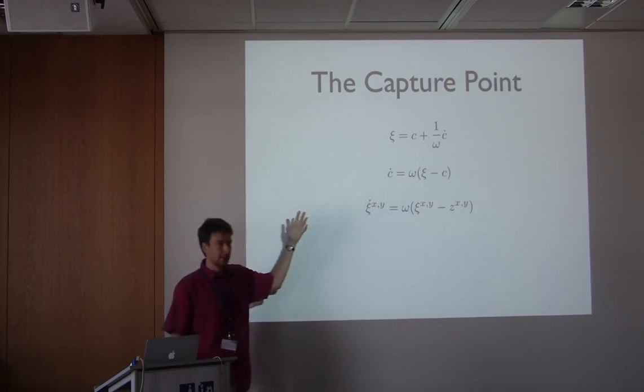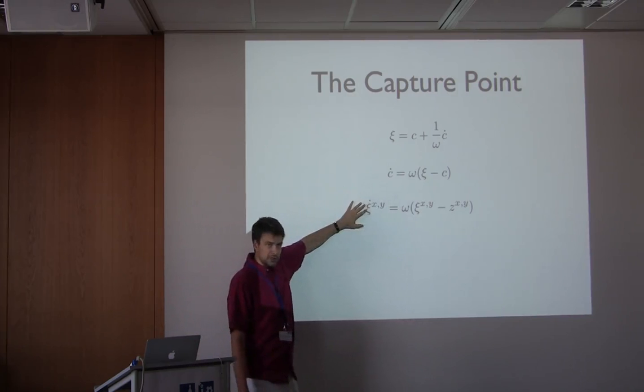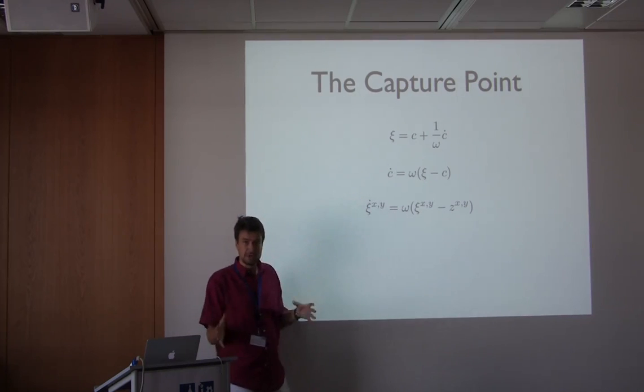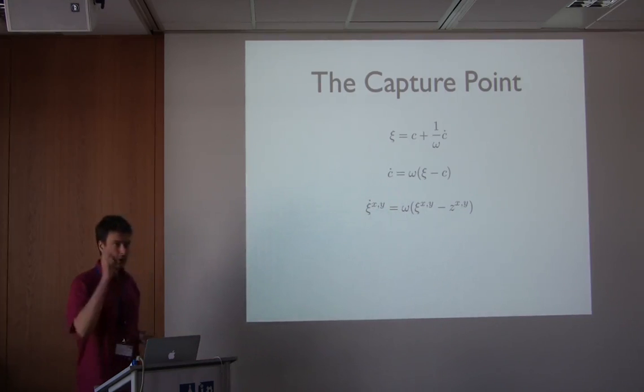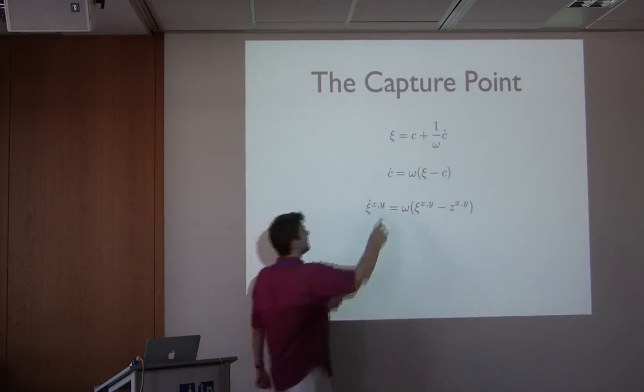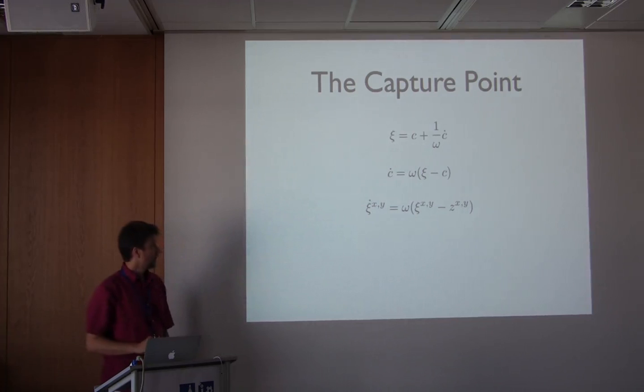So now you know why the engineers at Honda called it the divergent part of the dynamics. They said, what we should do is focus on this value xi and control it, because that's the unstable part of the dynamics. The motion of the center of mass, no problem. It's going to follow xi. So what you just need to control is this value.